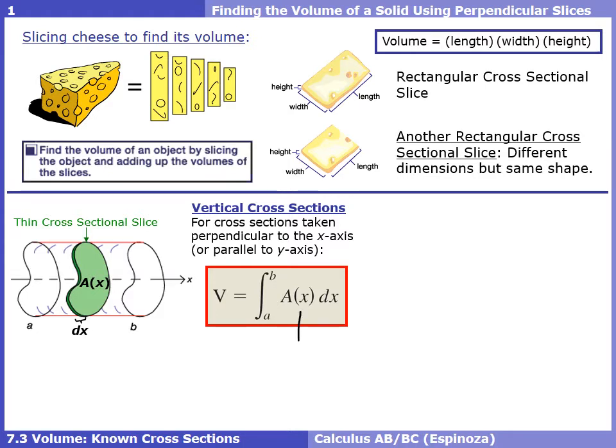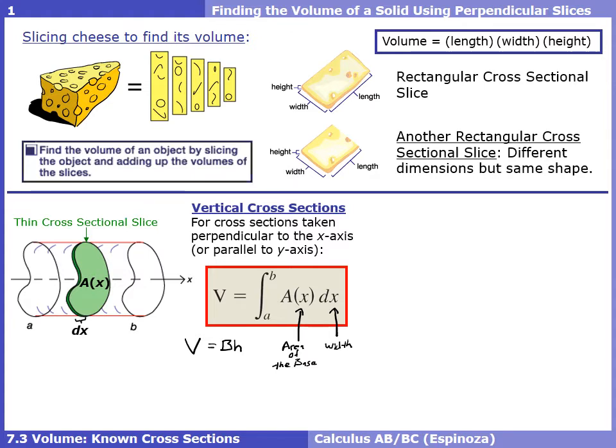So the way you should be viewing this is that this is the area of the base. As we remember from 7.2, volume is just big B, the area of the base, times the height. Well, we really didn't call it height in 7.2 because we flipped our discs on their side, so we called it a width. But in this case, that would be the dx, or the width.